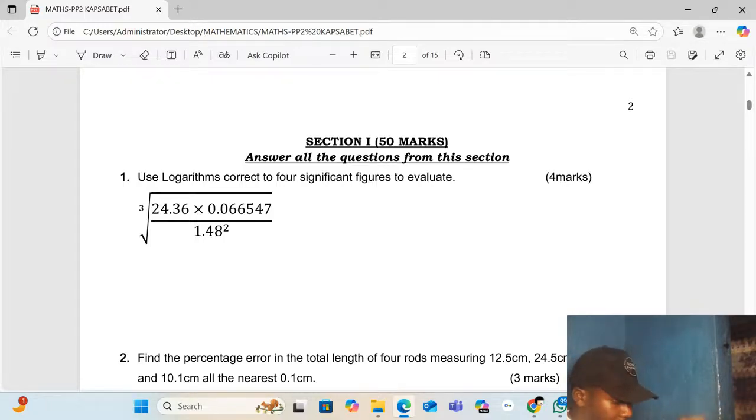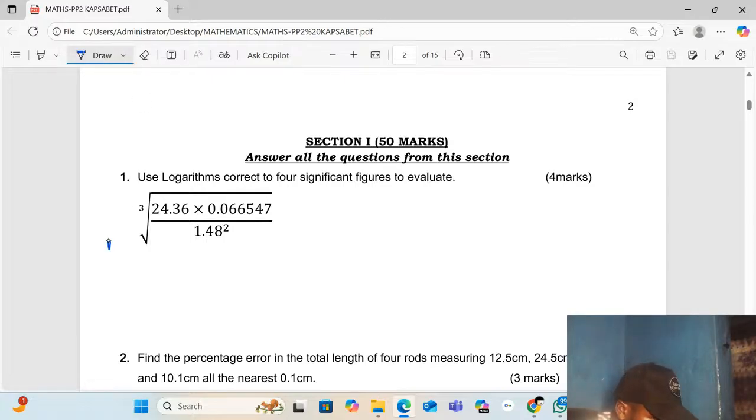So this is how we do. We start with the number, standard form, then log. So this is how it will look like.